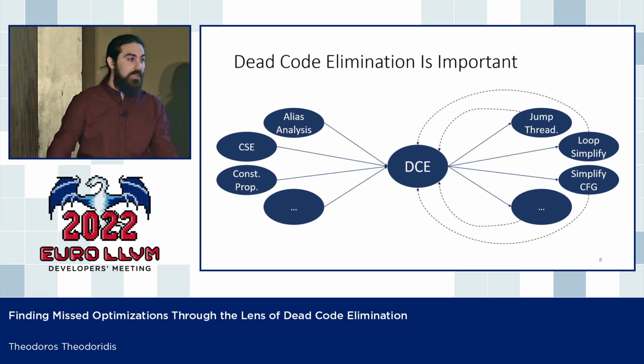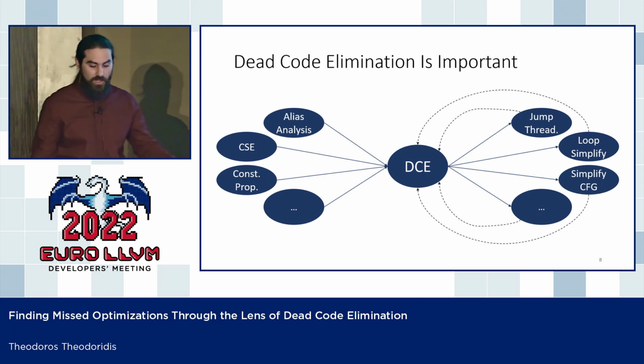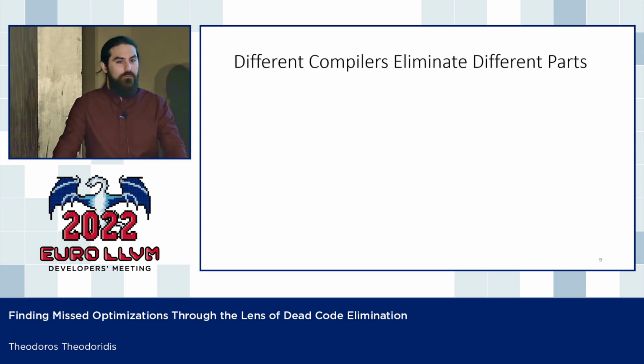And this is exactly our core insight that we use to develop our approach or our tool. And combined with a second observation that if we use different compilers, sometimes they eliminate different dead parts of a program, we can use these two observations to find missed optimizations.